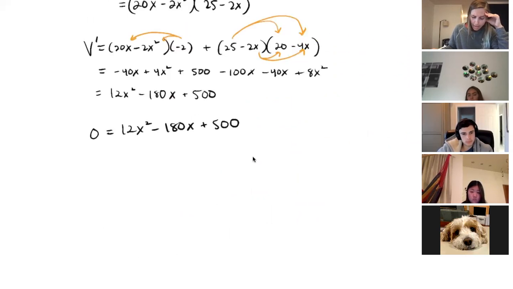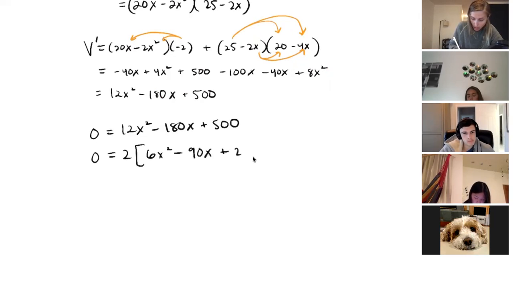Is there a GCF bigger than 2? I know I can factor 2, just 6. No. Well, let's factor 2 out just to make our lives a little bit easier. Or actually we could factor 4 out. Factor 4, let's do 4.